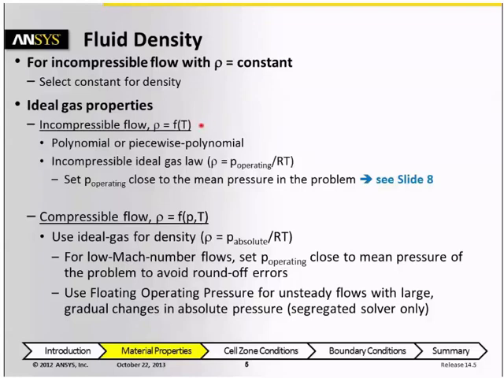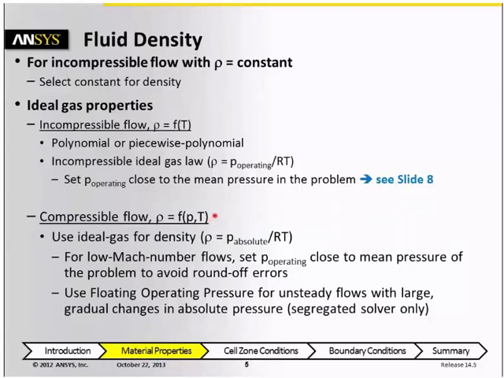For an incompressible flow where the density is a function of temperature, which is common in natural convection problems, then the density can be specified as a polynomial or piecewise polynomial function of temperature, or the incompressible ideal gas law can be used. In the incompressible ideal gas law, the local pressure is replaced by the operating pressure, and the operating pressure is representative of the mean pressure in the problem. We'll discuss more details of this in a minute when we get to slide 8.